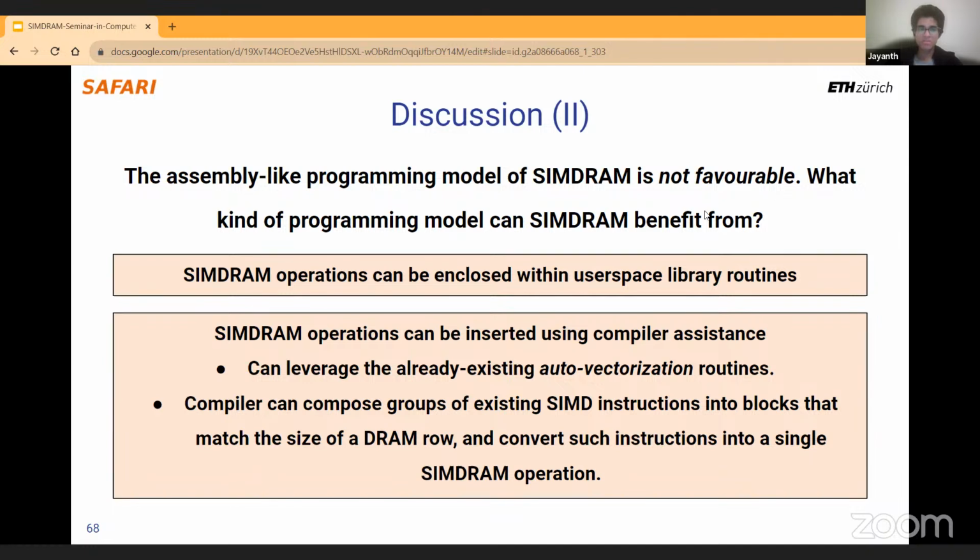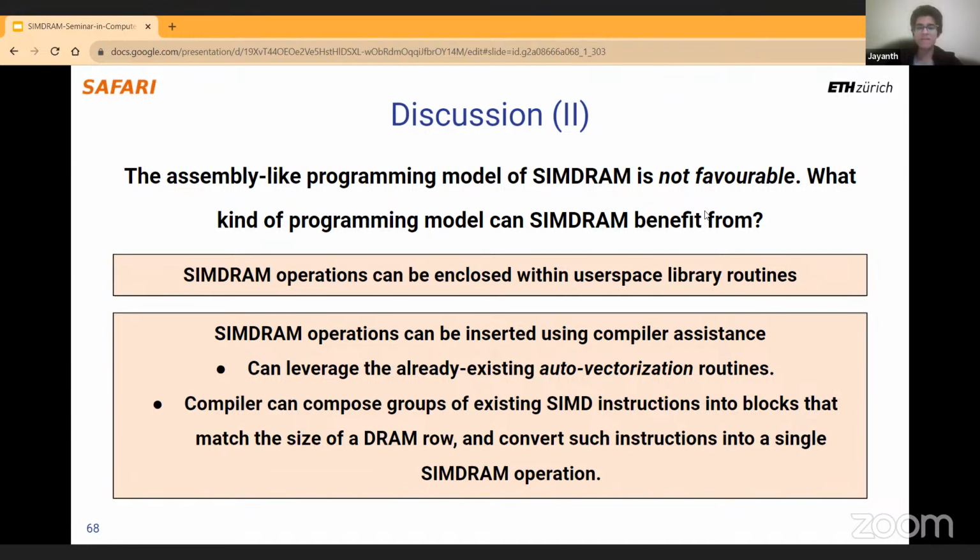Another programming model that was discussed in the paper would be composing groups of existing SIMD instructions into blocks that would match the size of a DRAM row and translating this into a single SIMDRAM operation. For example, Intel has the AVX extensions.